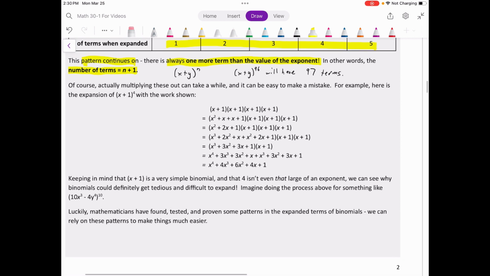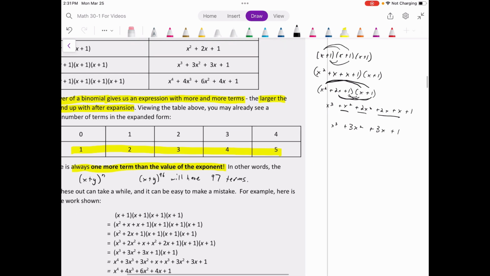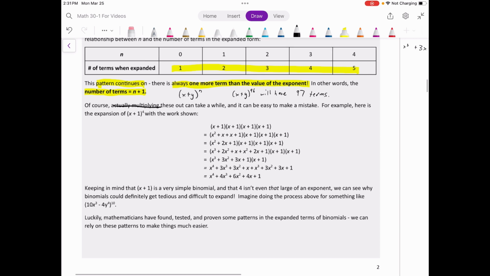Now, of course, as you saw, even just for cubed, it's not like that was terrible or anything, but it did take 1, 2, 3, 4, 5 lines of work. It can get easier and easier to make a mistake as things get longer and longer. You might miss a like term or miss a negative, stuff like that. So actually multiplying these out can take a while, for sure, and it can be very easy to make a mistake.